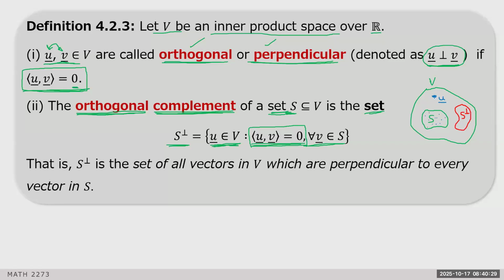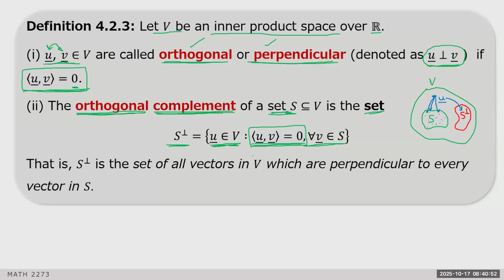You need to work out what the inner product is between U and every single one of these vectors in S. If U is perpendicular to everything in S, you're going to take U and add it to this set, and then you move on to a new vector.